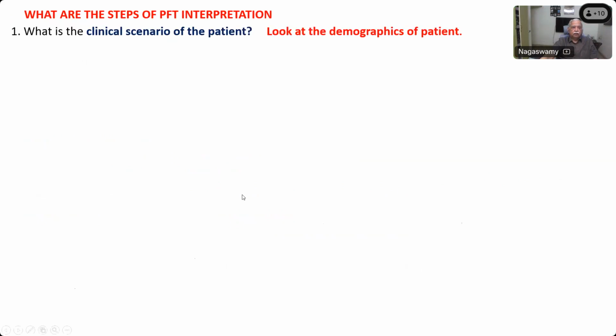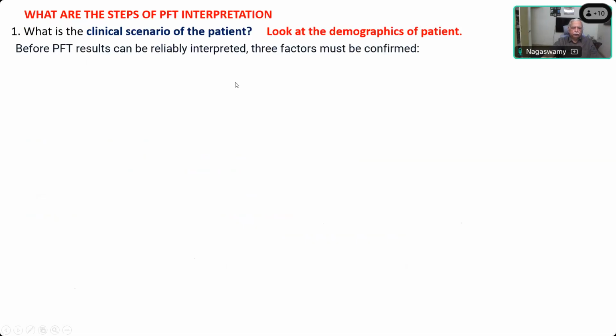First thing is, what is the clinical scenario of the patient, and look at the demographics, like I said for the ABG: look at the patient name, age, etc. And whether you can rely on the PFT or not depends on three factors. Can anyone tell me what the factors are which will tell you that a PFT is reliable or not? Anybody who has studied how to rely on the PFT values? Any idea?